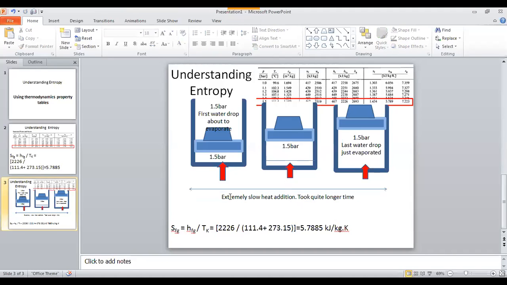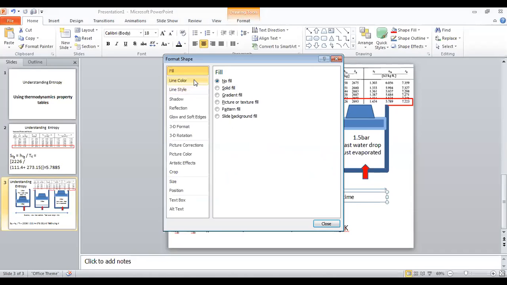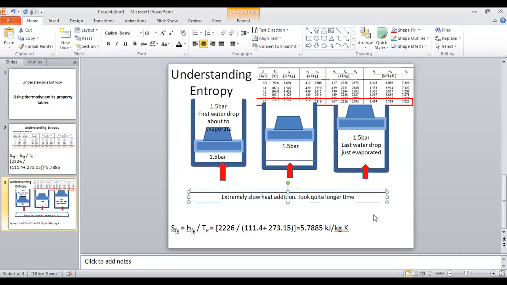How is it possible to have extremely slow heat addition? You know that for heat addition there should be a temperature difference.